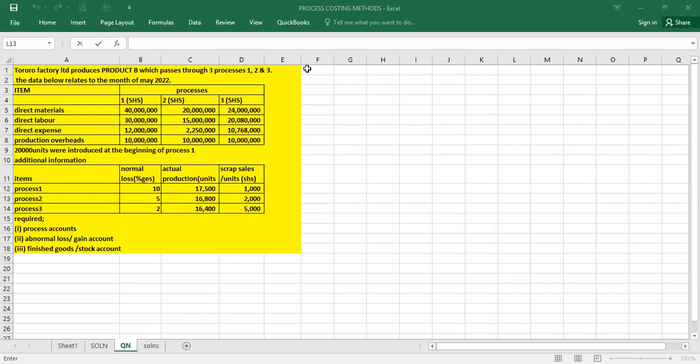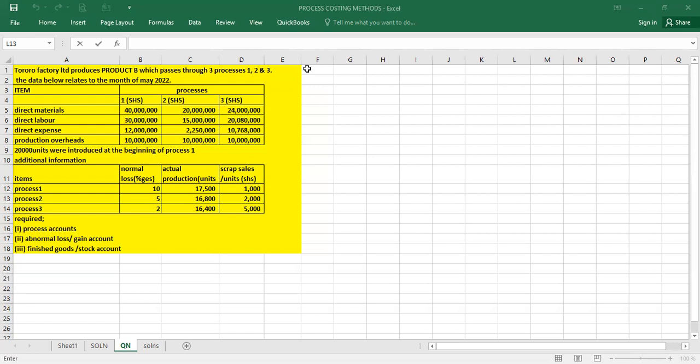Those are in units, and what it means is that all the abnormal losses and the normal losses plus the abnormal gains were all scrapped units. It means we never had wastages.